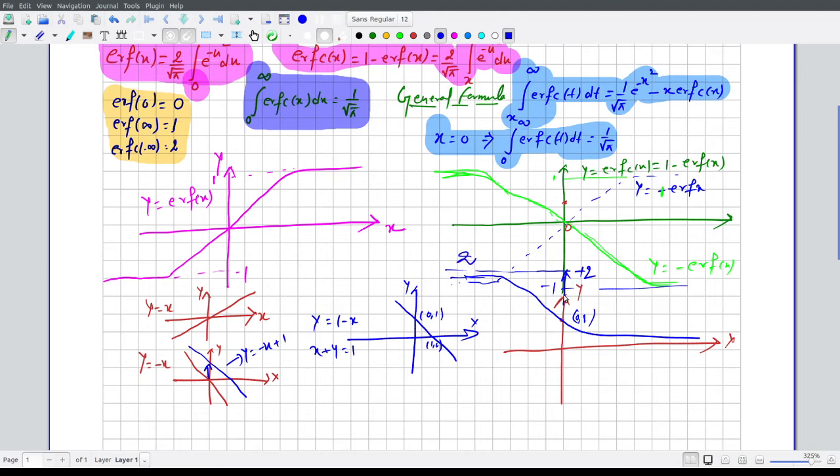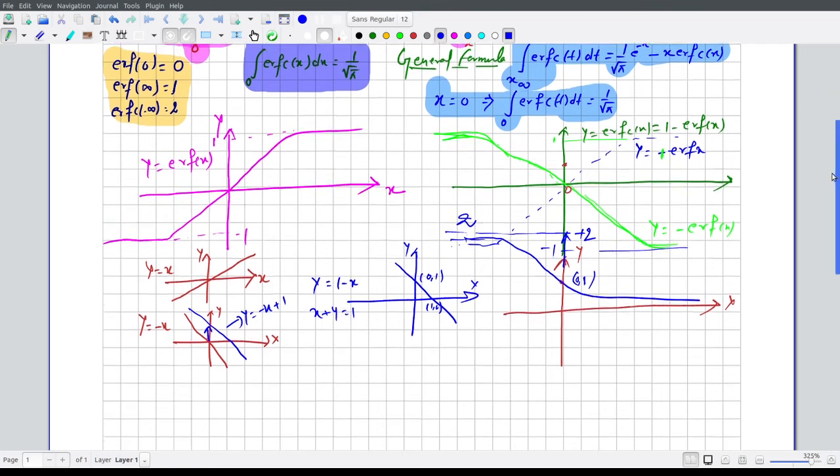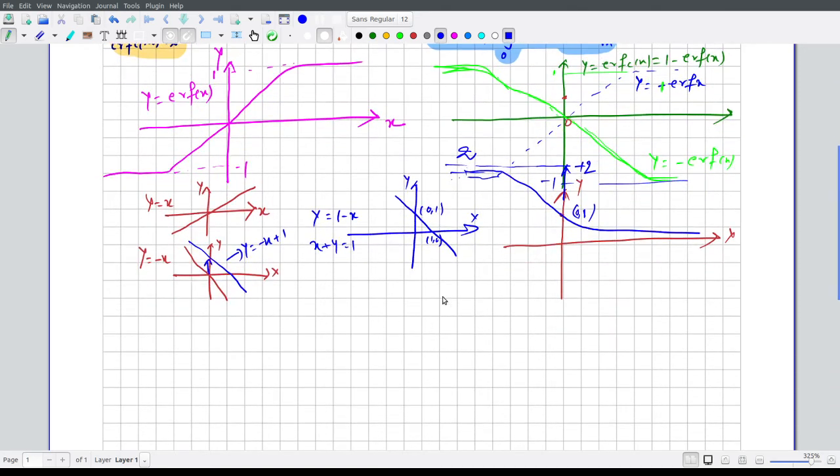Is it okay? So this one is the graph for the complementary error function. So finally we can say this one is the graph. This point, 0, 1, you write 0, 1 on y, and this would be 2, the line at 2. So as x goes to minus infinity, it will go to 2.